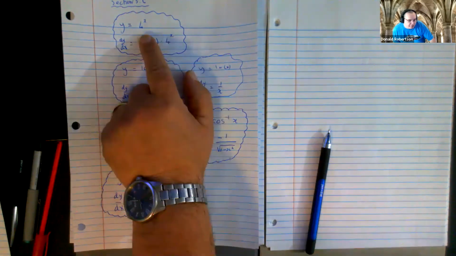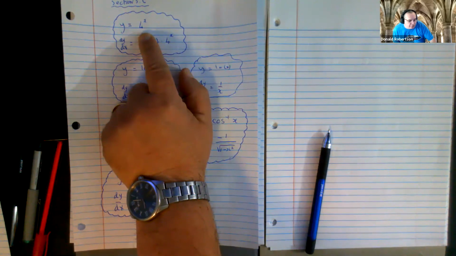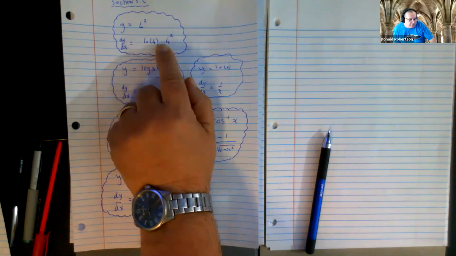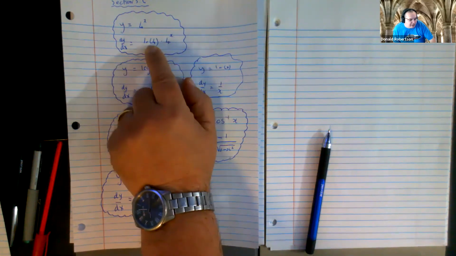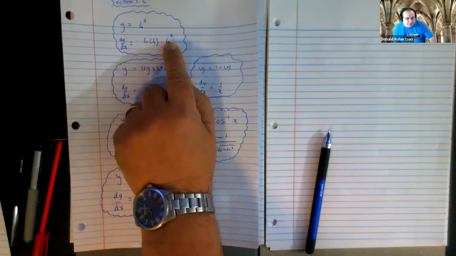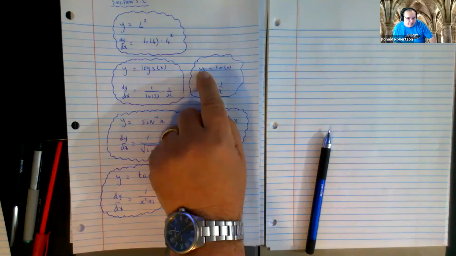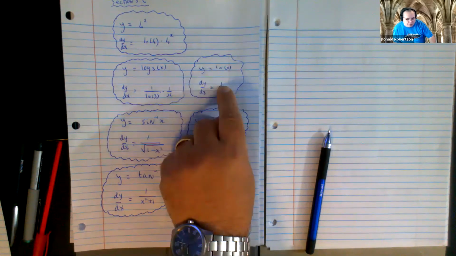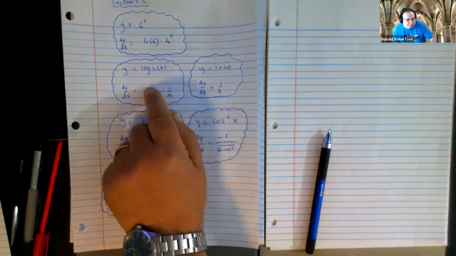Remember, we found the derivative of things like 2 to the x and 4 to the x, and its derivative was this guy. You notice I had the extra natural log of 4. If you take log of x, its derivative is 1 over x. Here's the new guy.